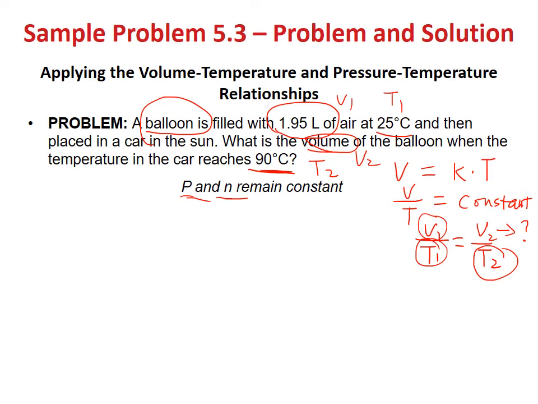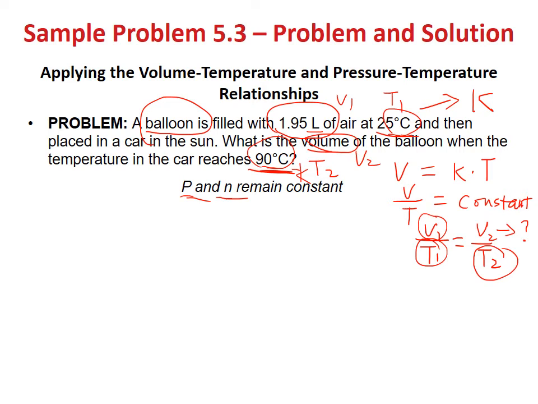But first, are the units consistent? Temperature in Celsius must be converted to Kelvin. Whenever we use gas laws, temperature must be converted to Kelvin. And volume, if V1 is in liters, then V2 will also be the same.